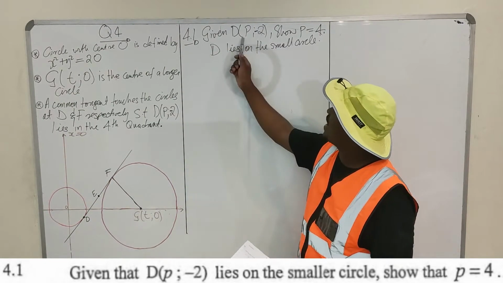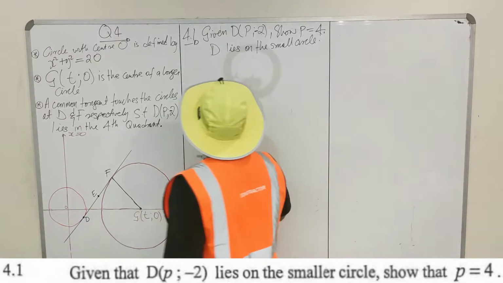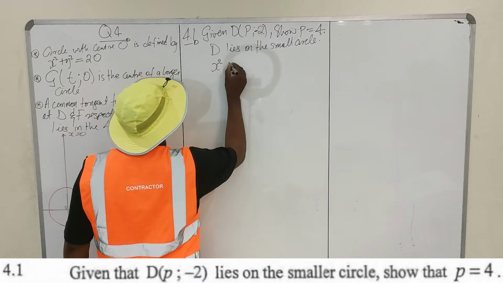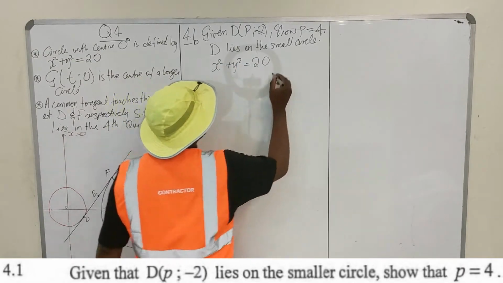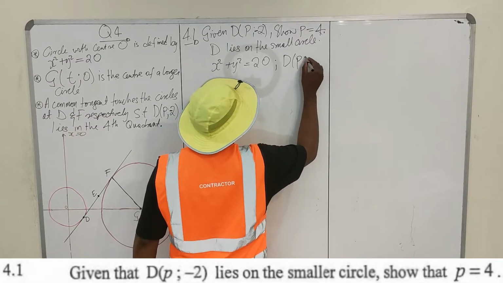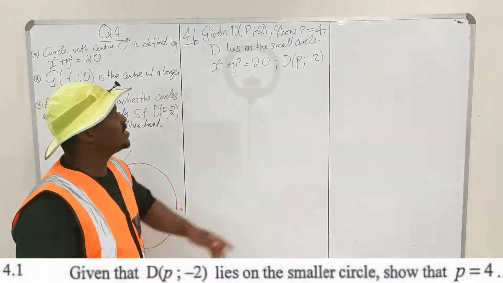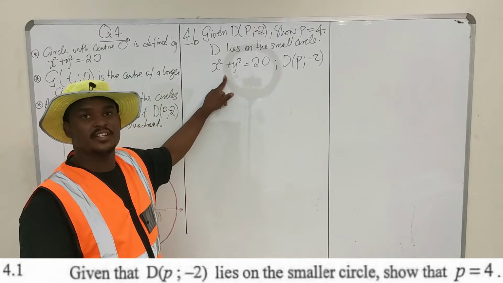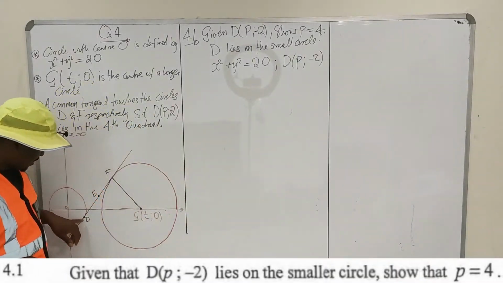They want us to find its x-coordinate. You know the equation of the small circle is x squared plus y squared is equal to 20, and your point D, which has coordinates (p, -2), lies on this circle.